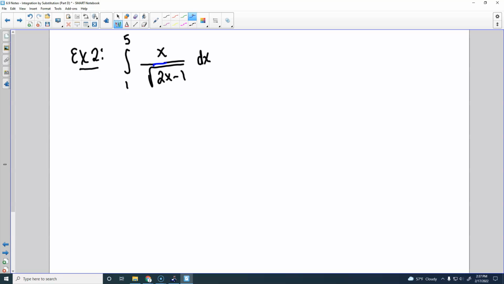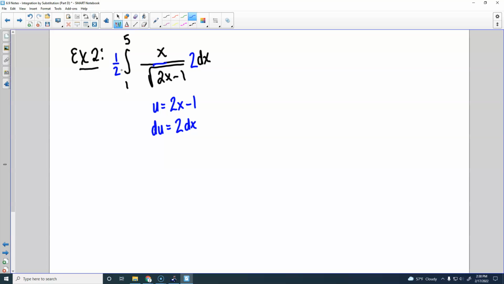Okay, so what would we use for our u here? 2x minus 1, which means du is 2 dx, just no x, just the dx. So I need a 2 right here, a 1/2 out front.